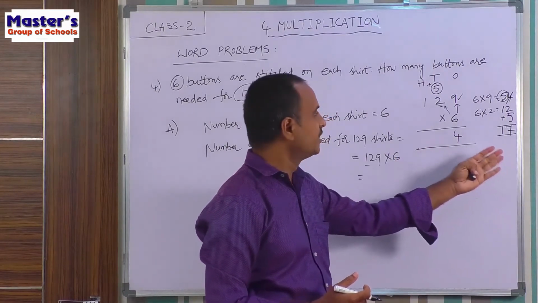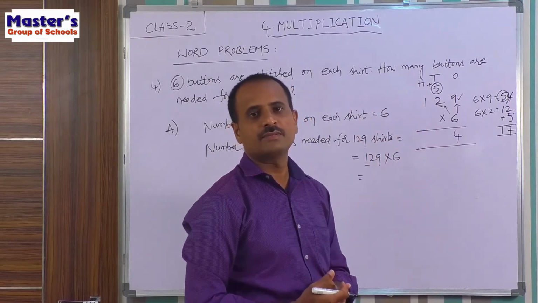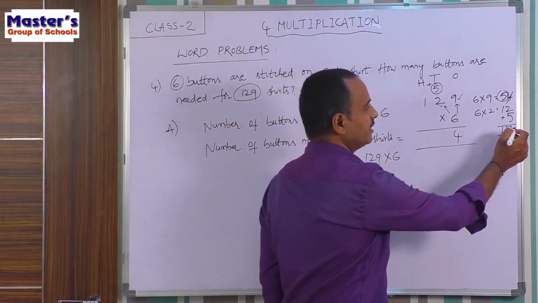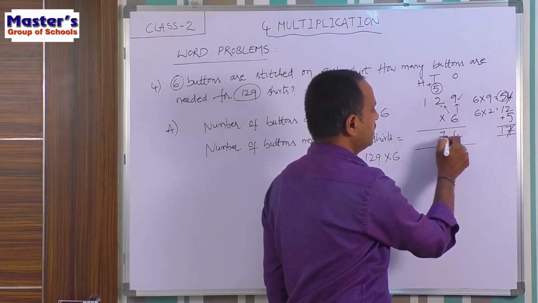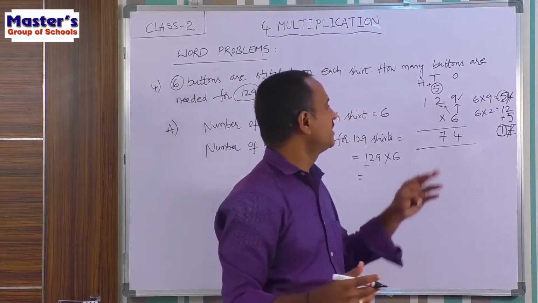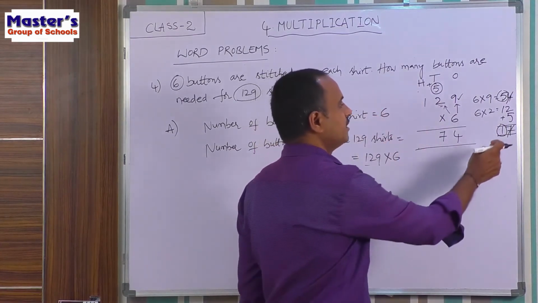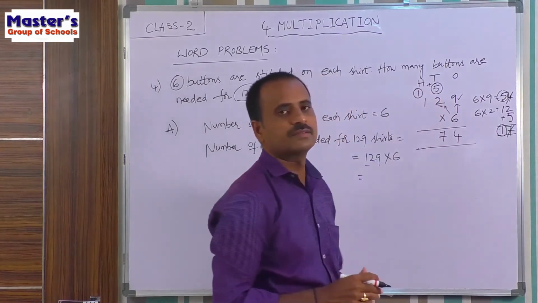Write the second digit under tens place and carry the first digit to the next place. What is the second digit here? 7 is the second digit. Write 7 under tens place and carry the first digit to the next place. What is the next place here? Hundreds place. So carry that 1 under hundreds place.